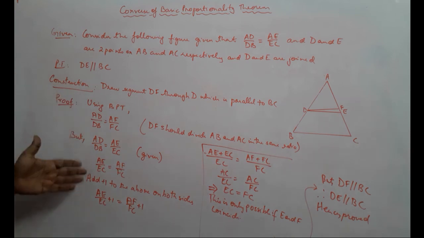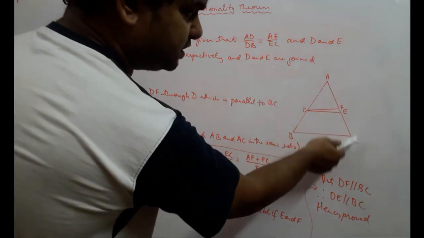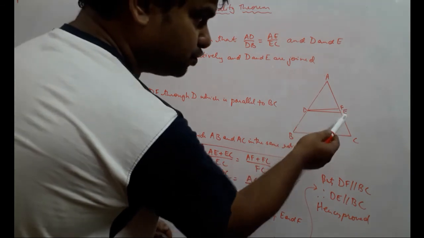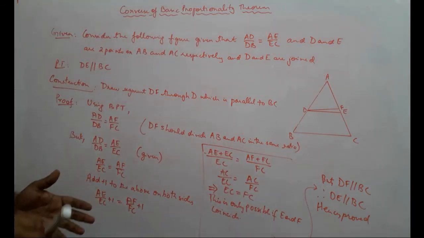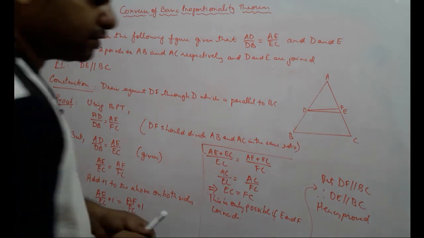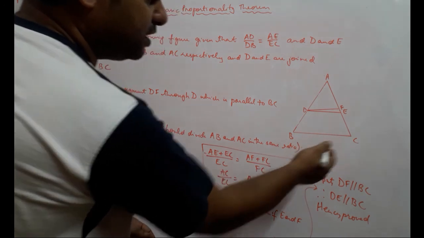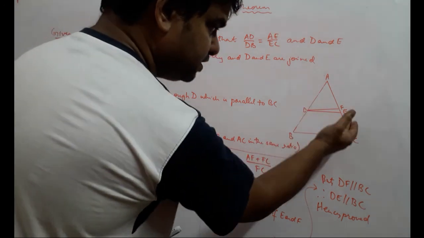By solving, we found that FC and EC have the same length. FC and EC can only have the same length if those two points coincide, meeting at the same point, which means that DE should also be parallel to BC.